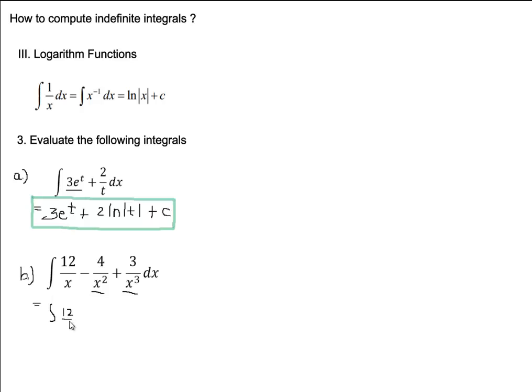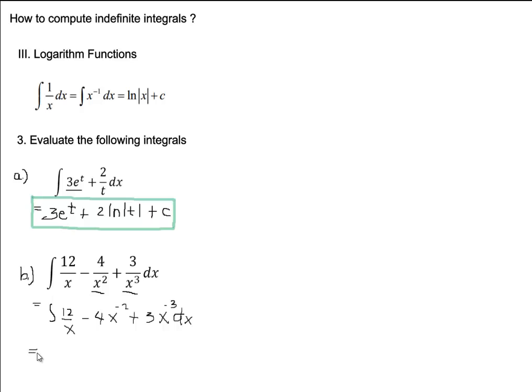Then 12 over x, minus 4. Using the law of exponents, this will become x raised to negative 2, plus 3x, and this will become x raised to negative 3 dx.